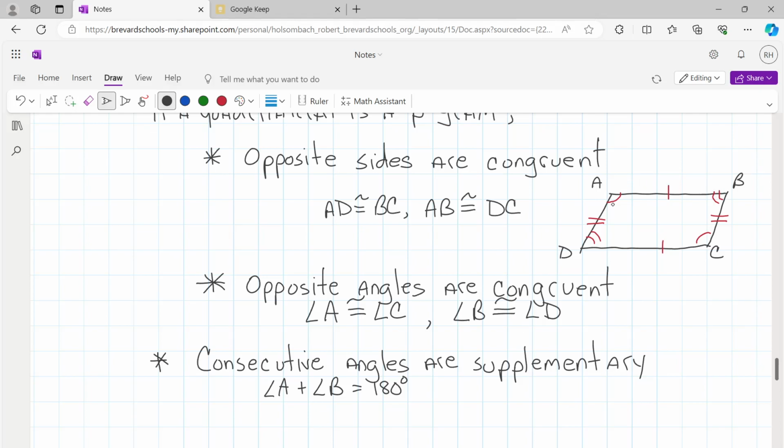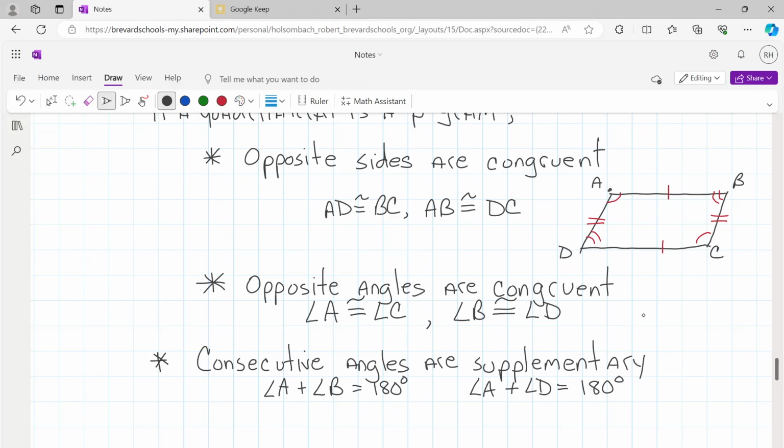Okay? If we go counterclockwise from angle A, plus angle D equals 180. All right? And hopefully that makes some sense to you, because look, if A plus B equals 180 and B and D are congruent, then doesn't A plus D have to equal 180? Okay?